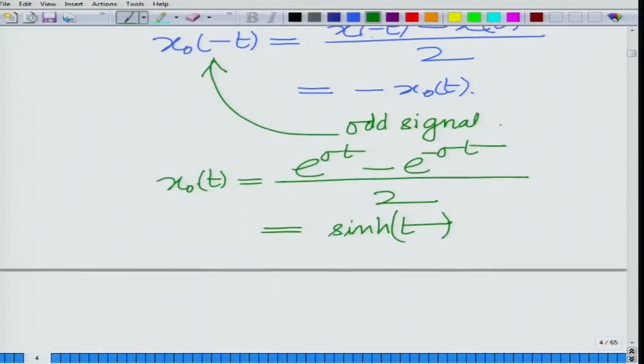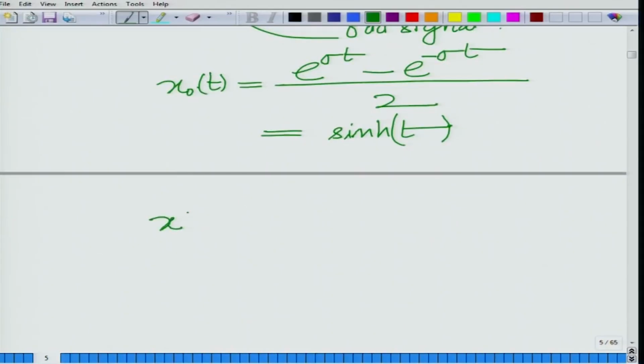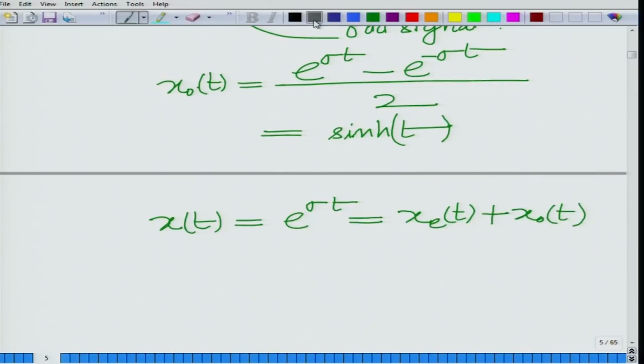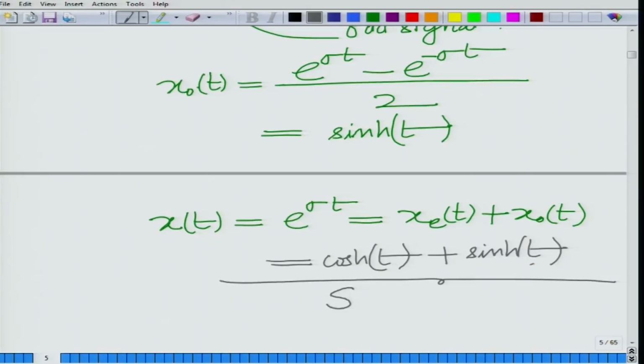And now you can verify that x of t equals e to the power of sigma t equals x even of t plus x odd of t, which is equal to the hyperbolic cosine of t plus the hyperbolic sine function of t, and this is the final solution.